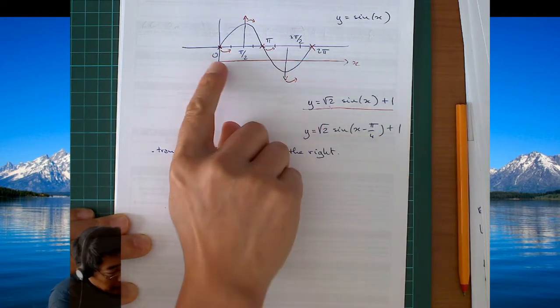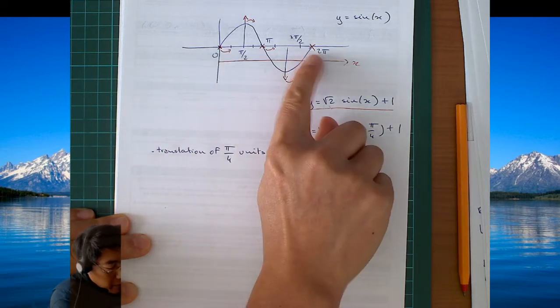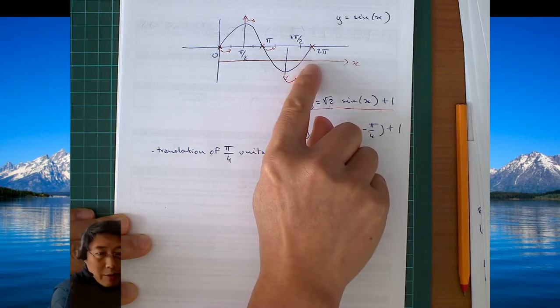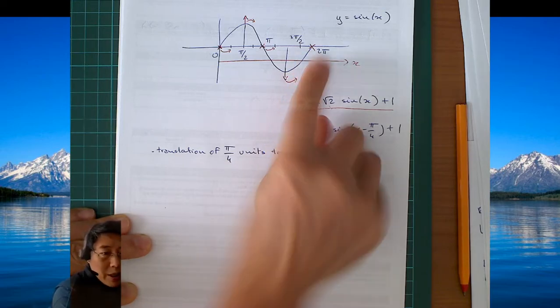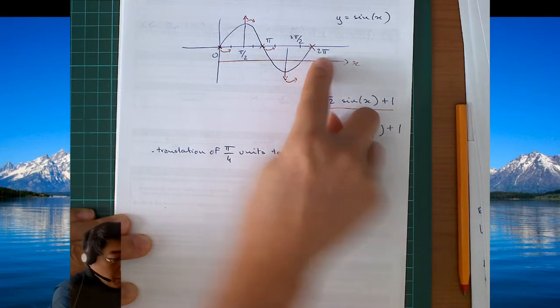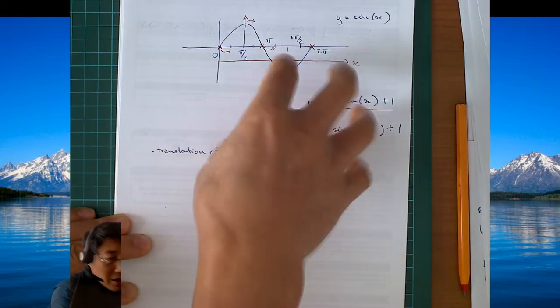Now what you're missing on that side that you shift, you're going to copy from the end part next to the 2 pi. Because 2 pi is a period, anything on the right hand side of 2 pi, you just copy it back to the beginning. Okay, so by doing this, it gives you an idea.